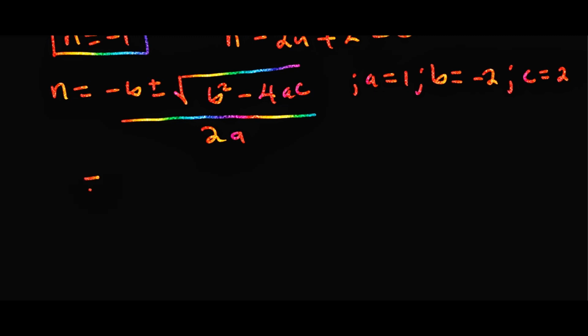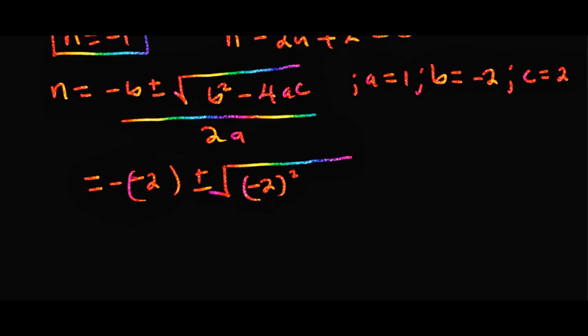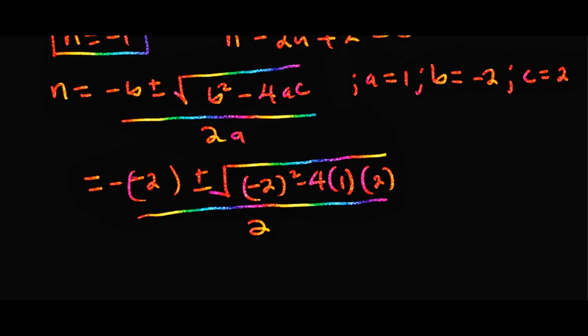So we are going to have n being equal to -b, and since b is -2, so we have -(-2) plus or minus, under the root, we have -2 squared minus 4 into a, and a is 1, into c, and c is 2. And this is over 2a, that is 2 into 1.